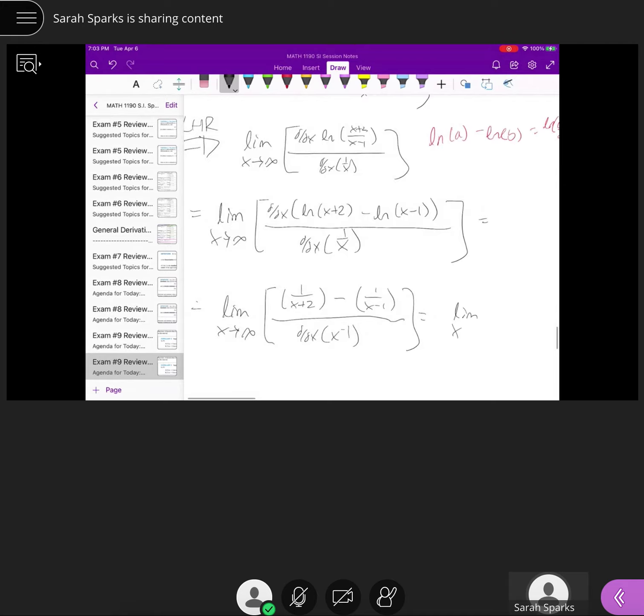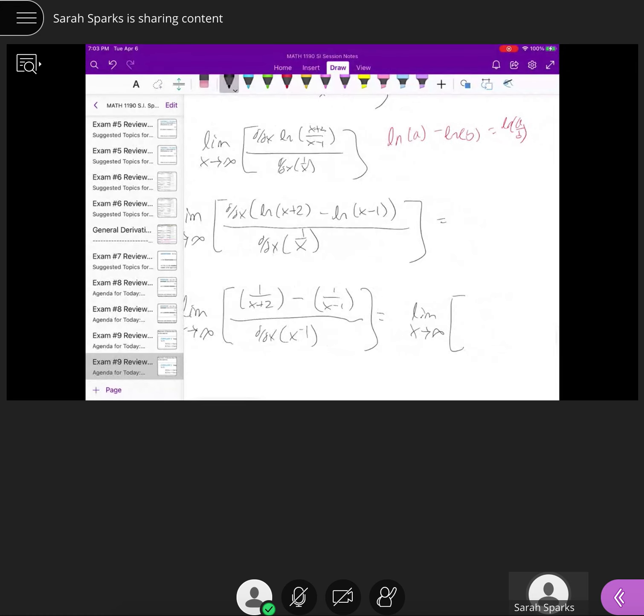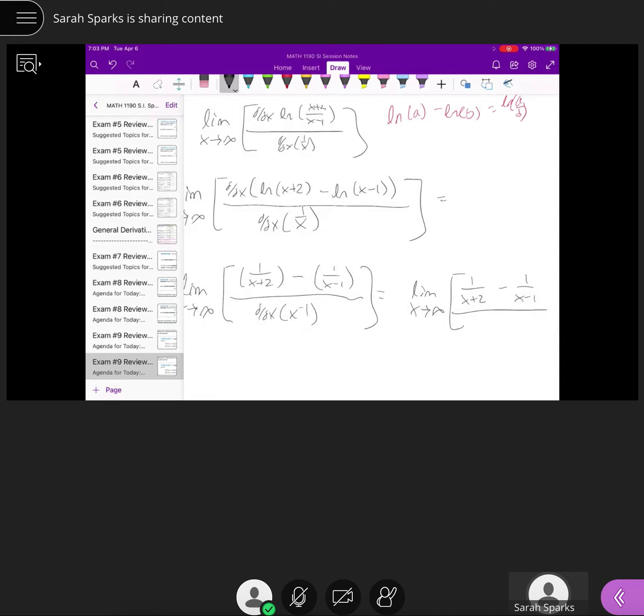So just simplifying a little further, we bring down that negative 1, subtract 1, so we get negative 1 times x to the negative 2. Right, so we have 1 over x plus 2 minus 1 over x minus 1, over negative 1 times x to the negative 2.